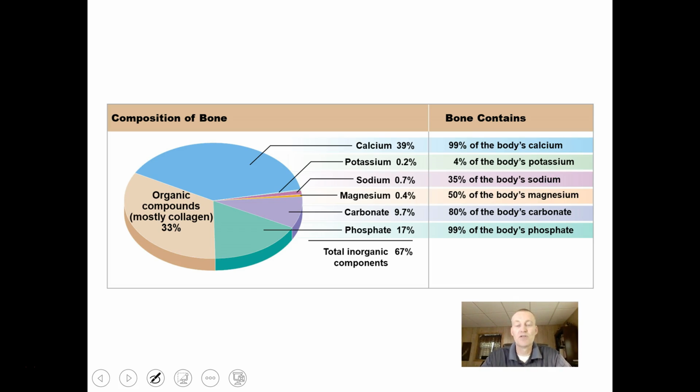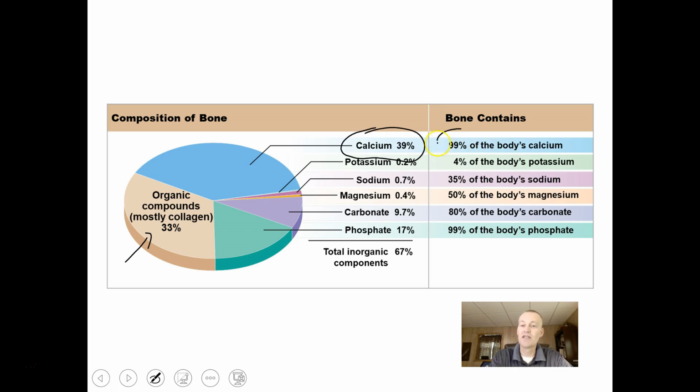Looking at the composition of the bone, you can see that most of the bone is going to be collagen. A huge amount of it is just collagen. Calcium makes up the largest portion of the bone, and then you get potassium, sodium, calcium carbonate, and phosphate. These make up the other inorganic compounds of the bone.